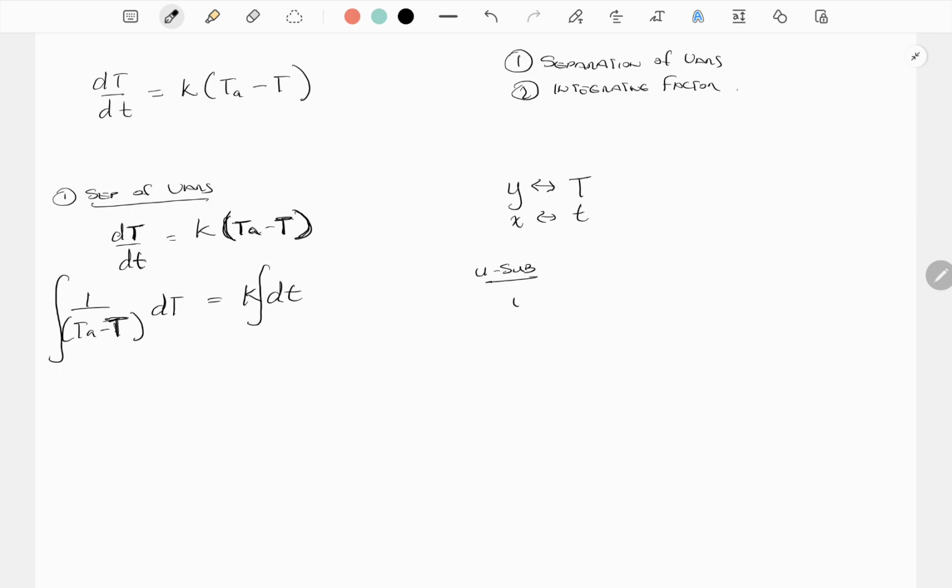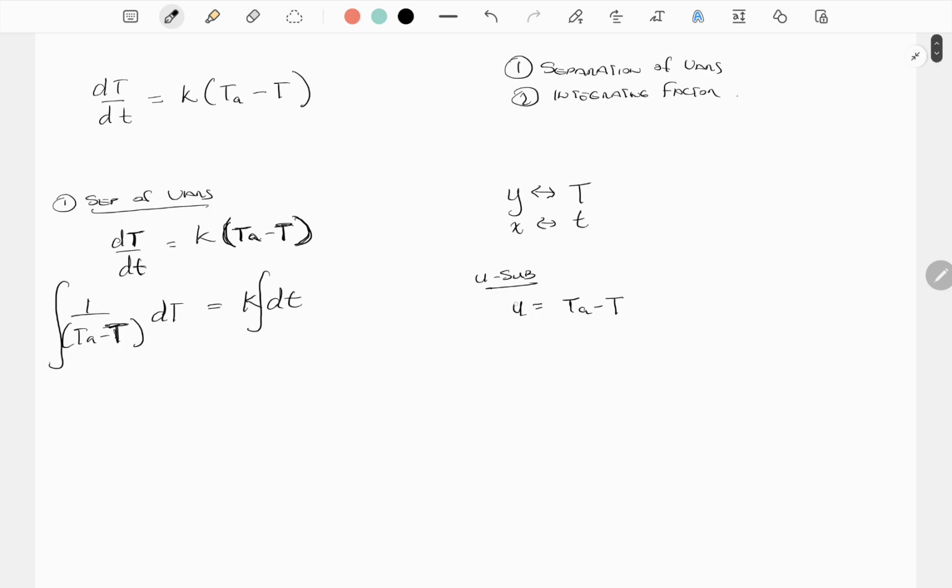Where u is equal to TA minus the temperature. TA is a constant. So if u is this, then what is the derivative of u with respect to temperature? Well, TA is a constant, so that's going to go to 0. And negative dT/dT is -1.